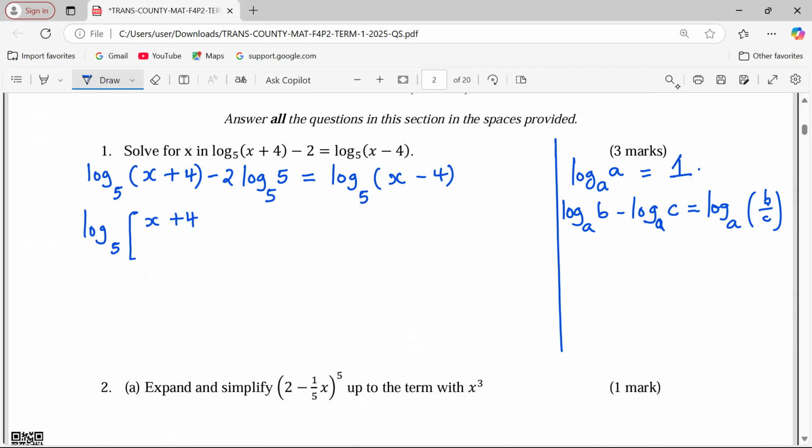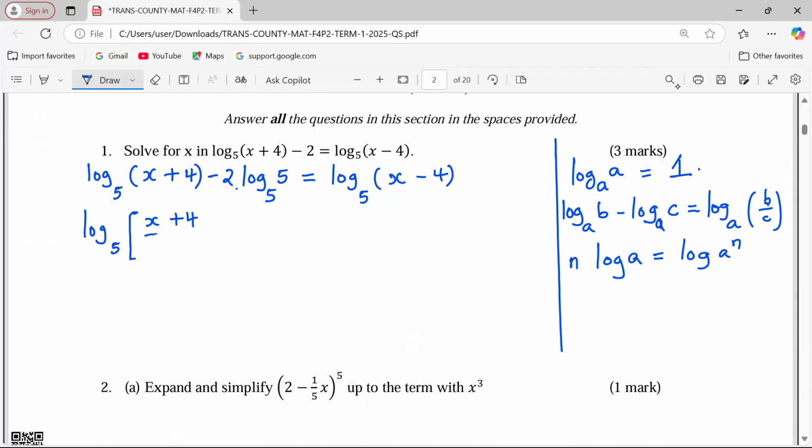All right, allow me at that point to talk about the third law, which says n times the log of a is the same as log of a power n. Therefore, instead of 2 log 5 to base 5, now I can have log of 5 power 2.